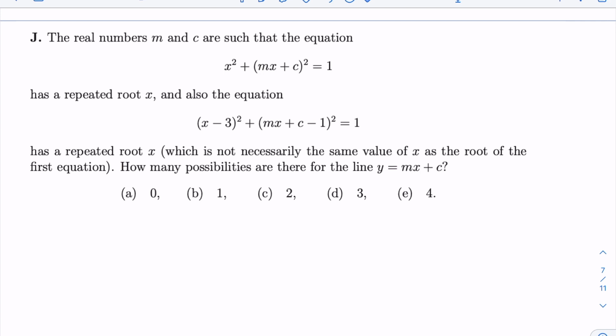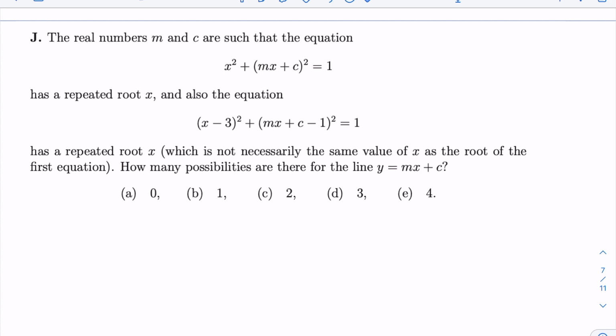Now he says, with that, how about the straight line y equals mx plus c? So you may be tempted to expand this out and use the quadratic discriminant to say that m and c have to satisfy a certain condition for this equation to have just one root, right? But there's an easier way of doing this problem.